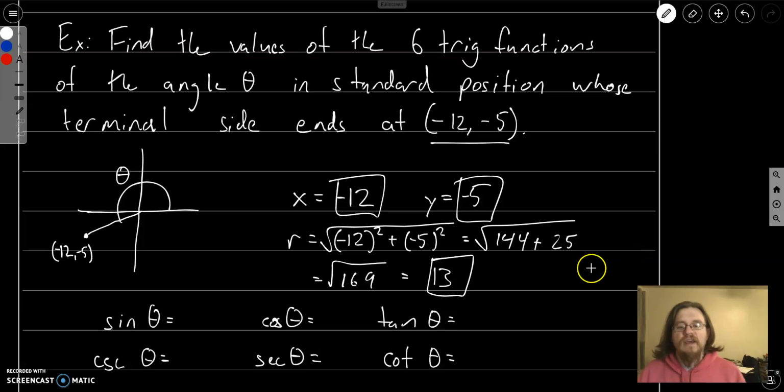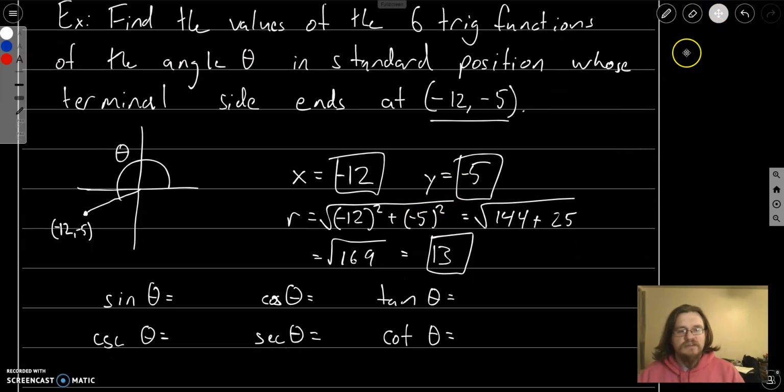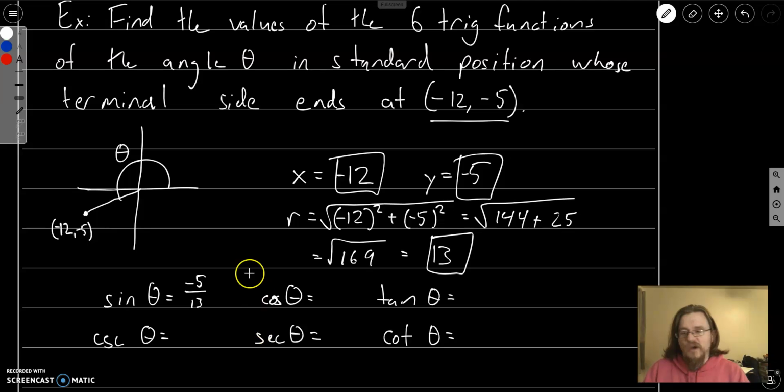So far so good. And then we can plug in these values. So the sine is going to be y over r, so we have -5 over 13. And you'll notice that this is a negative fraction, which is absolutely fine. The six trig functions can take positive values, negative values, or even 0, as we'll see in a little bit. Cosine is going to be x over r, so this is going to be -12 over 13.